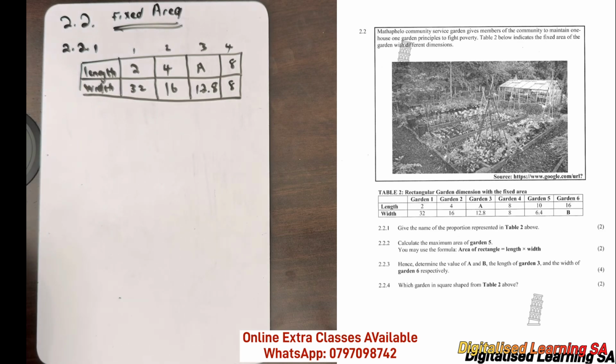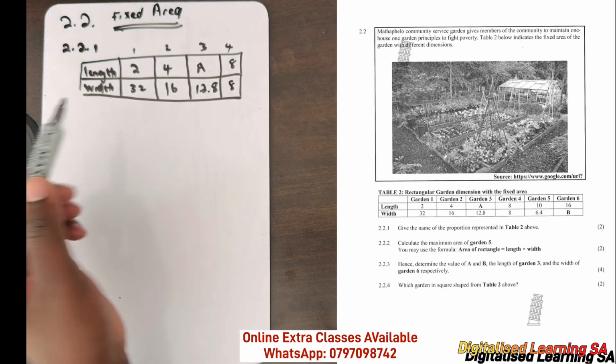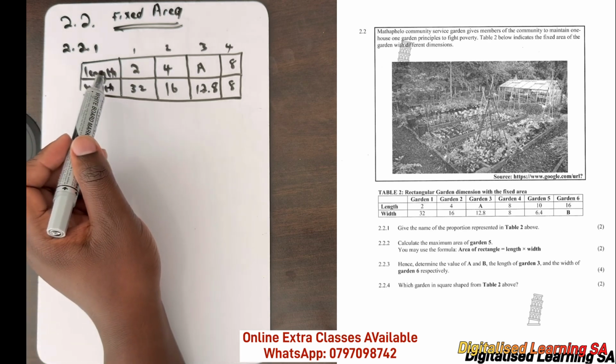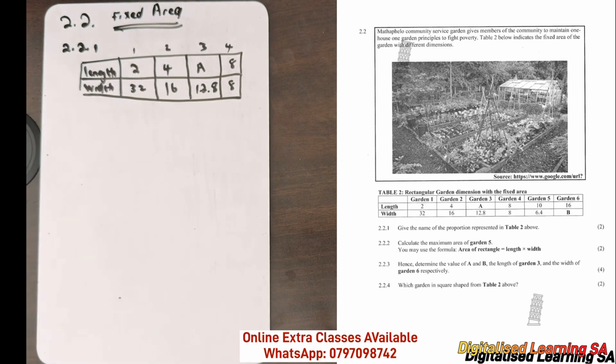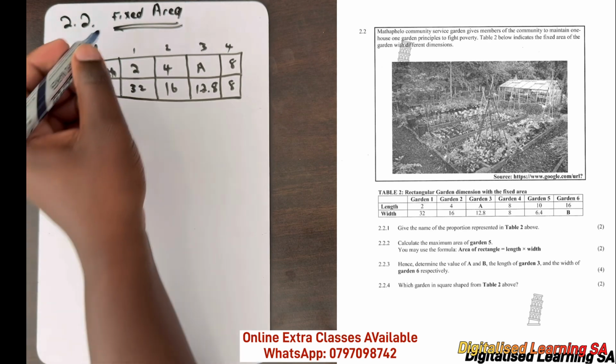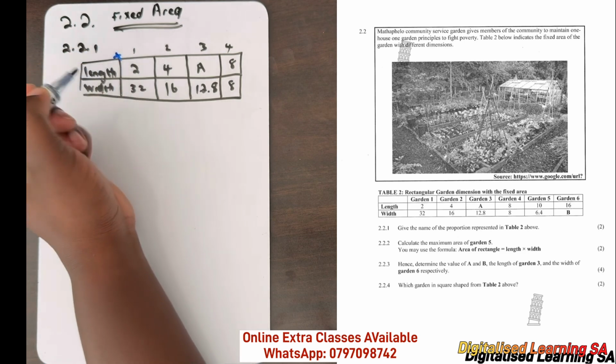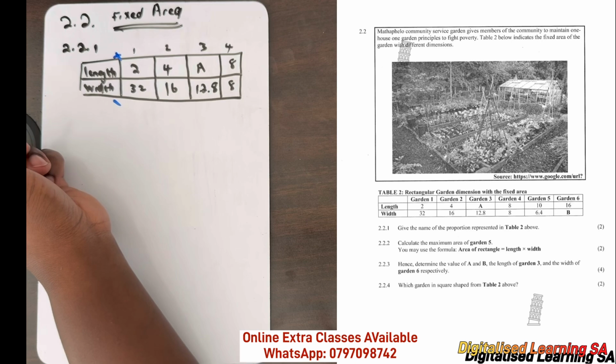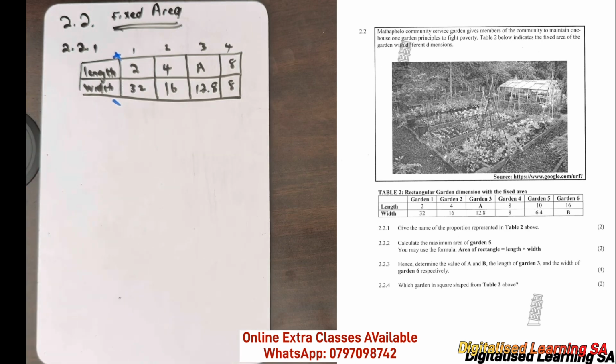To distinguish the proportion, we just have to observe our table. We can see that when the length is increasing, our width is decreasing. So the proportion in this case will be indirect.